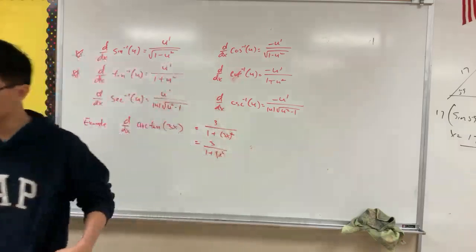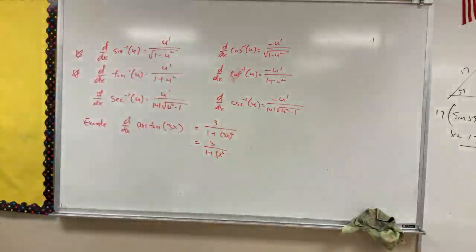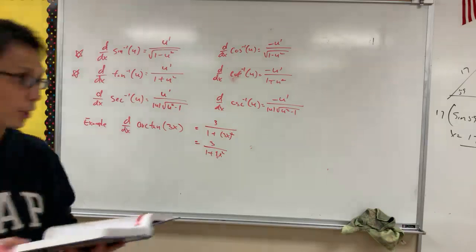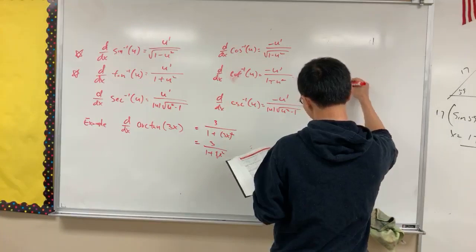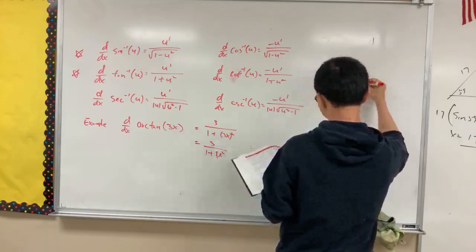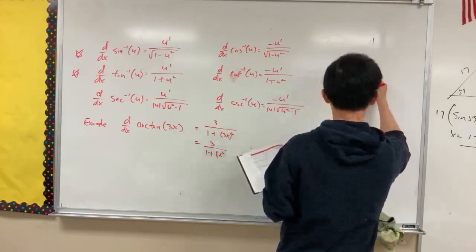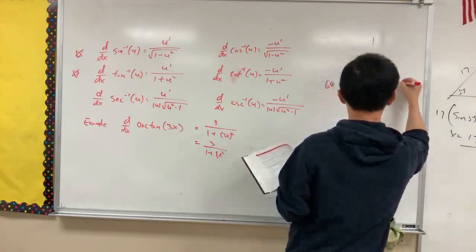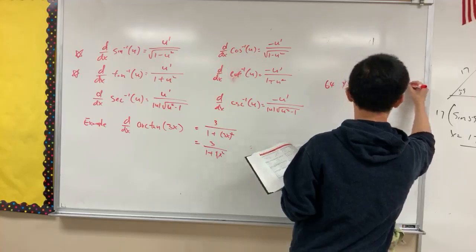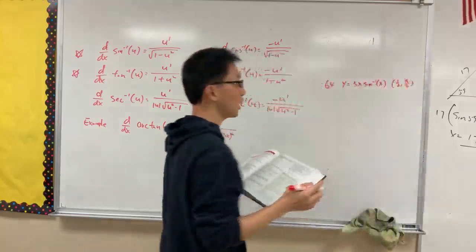So here's my question to you. One of the homework questions was 64. 64 says y equals sine inverse of x, and I want the point one half, pi over 4. Can you find the equation of the tangent line?